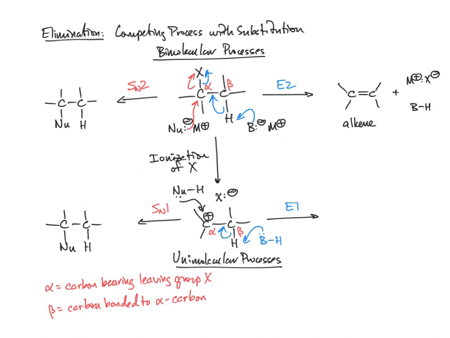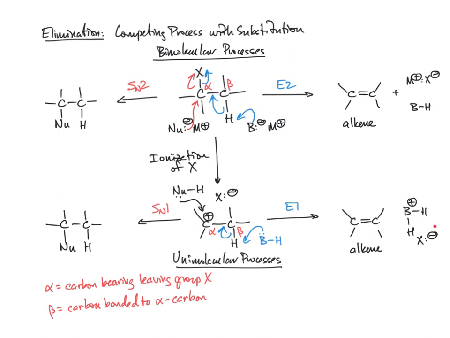Again, we're forming an alkene. So in this case, you would end up with something like B, H, we just balance out the charges there.